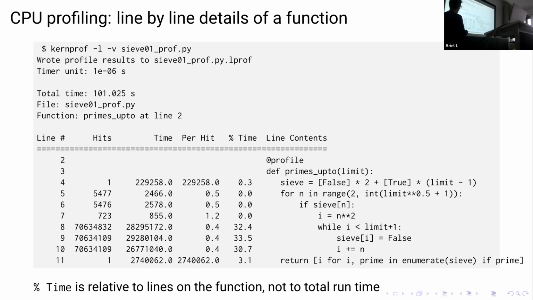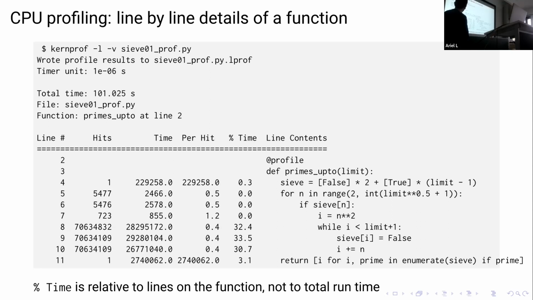The information that we get here, in the last line, is the source code of the function that I added the profile decorator to. Here is the line number, and here we have information of the number of hits, the number of times that each of these sentences was executed by the Python virtual machine.